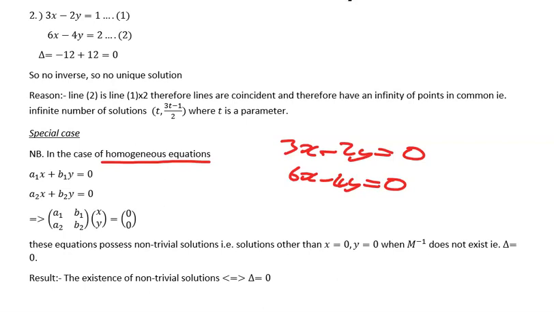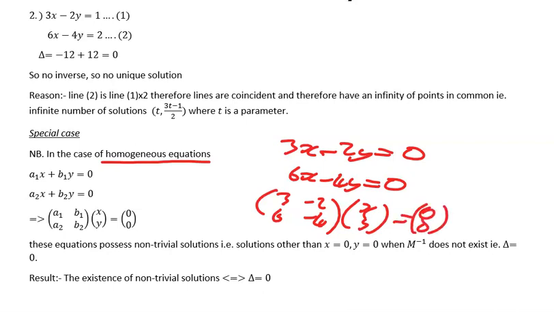There are what's called trivial solutions for this. You could rewrite that as the matrix 3, minus 2, 6, minus 4 times the vector x, y equal to the 0 vector. The trivial solution for this one would just be that x is equal to 0 and y is also equal to 0.